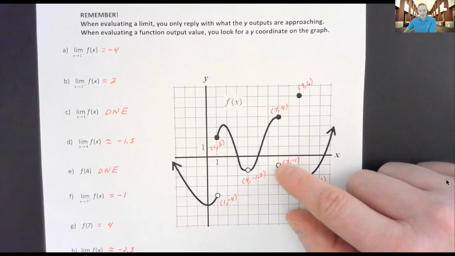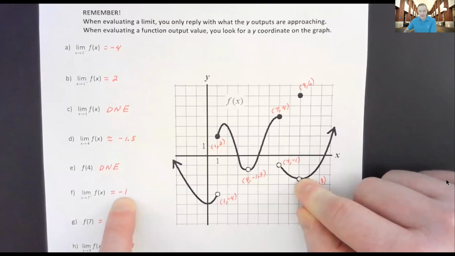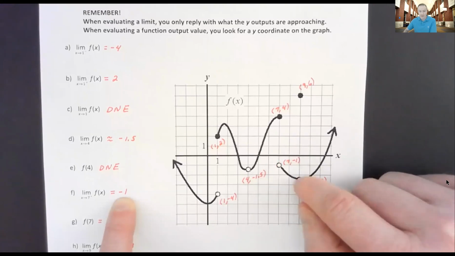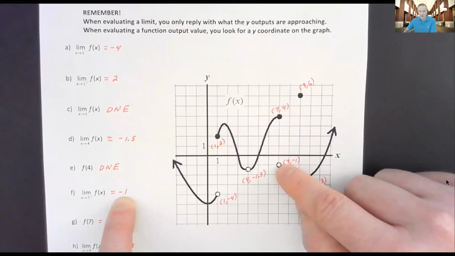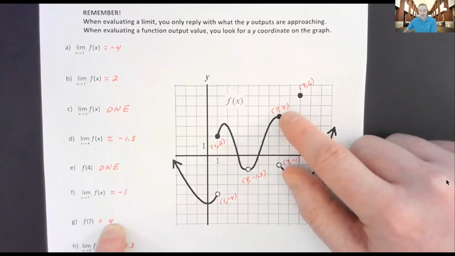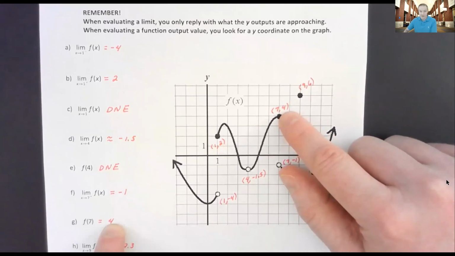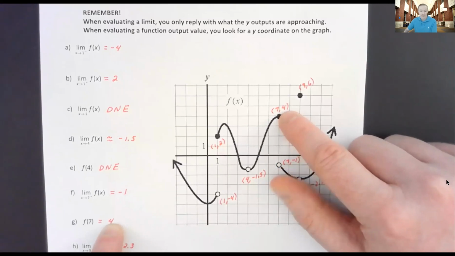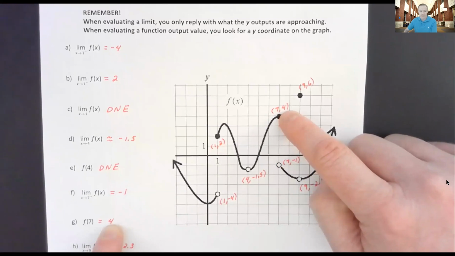So I can say, well, the limit as x approaches 7 from the right is -1, because as I get closer and closer and closer to 7 from the right-hand side, my y value is going to -1. What about f of 7? Well, f of 7 is 4, because it's just asking you what is the function's defined value when x is 7, and clearly that's 4. It would also be the limit as x approaches 7 from the left.